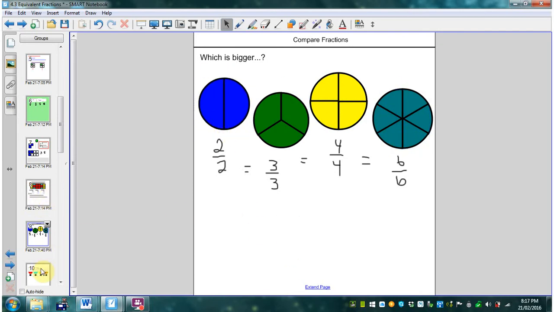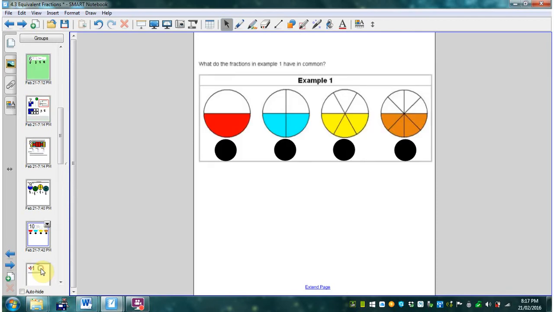Okay, so keeping that in mind, no need to write that down. What do the fractions in example 1 here have in common? We're going to answer this question in a second. First off, I want you to write down the fraction that represents the shaded part of these pies or circles.